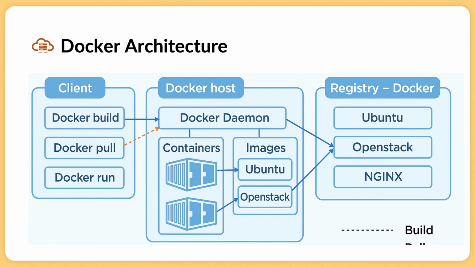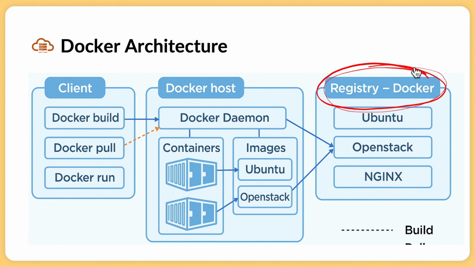How do you share? You can share your image using Docker Registry. Docker Registry is the online platform where we can store our images and share them with our colleagues and friends. So think of Docker Registry as an app store for Docker images. Yes, there we can store our images.